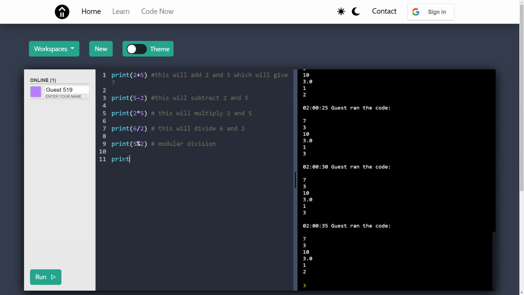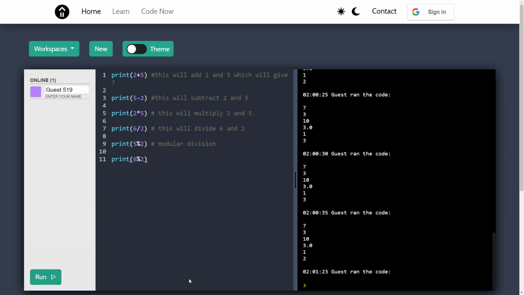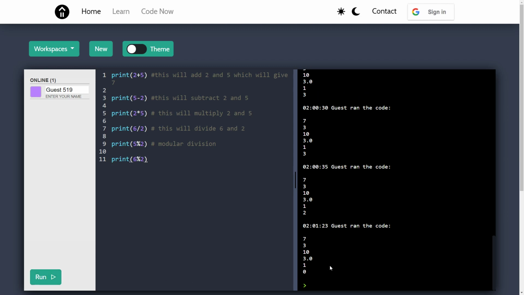So let's look at that for example. If I do 6 mod 2 compared to 5 mod 2, one is 0 and one is 1. 6 mod 2, 6 is even because it outputted 0.